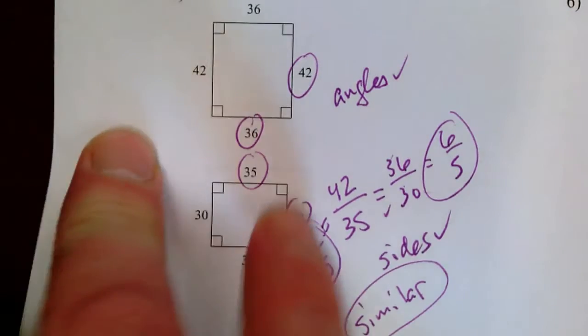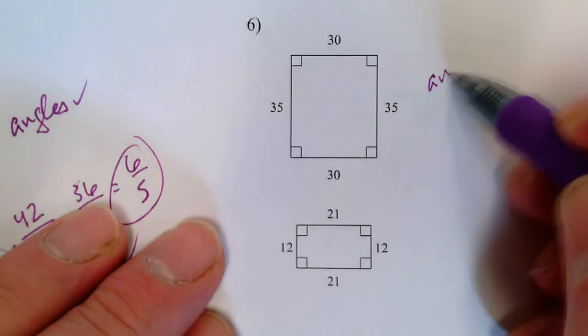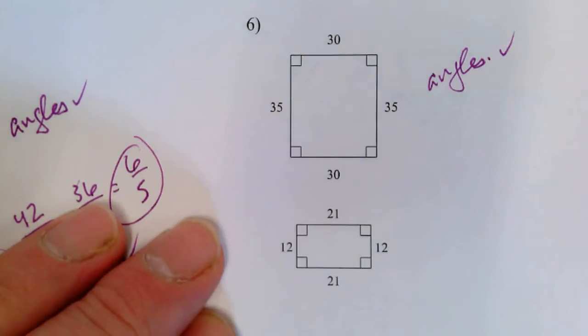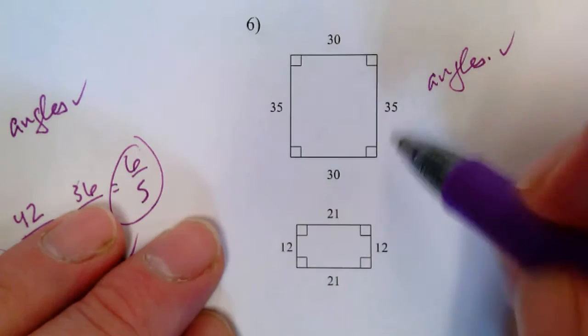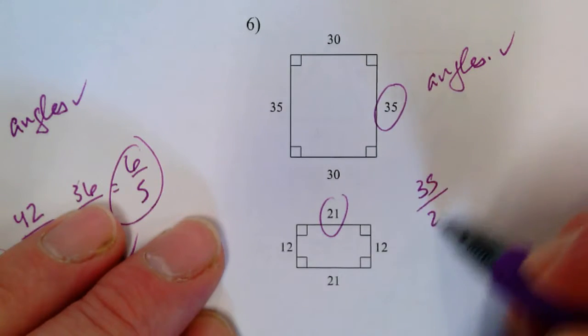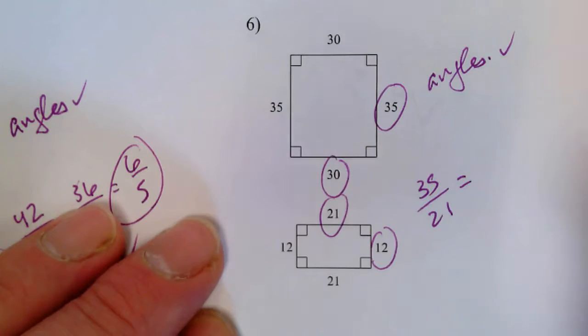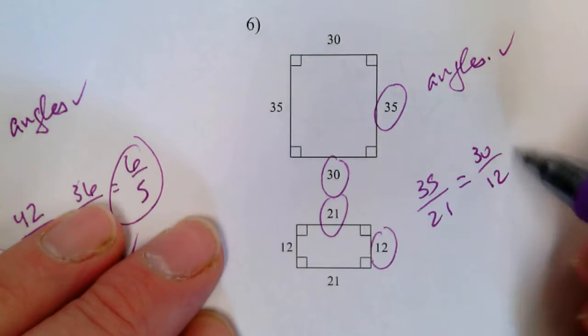Similar. Next up, we've got again angles, check mark. They're all right angles, so it works. The long side here is 35. That must correspond to the 21. So 35 over 21 needs to be equal to the short sides, 30 over 12.